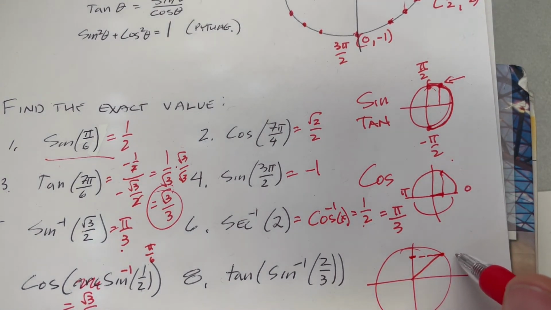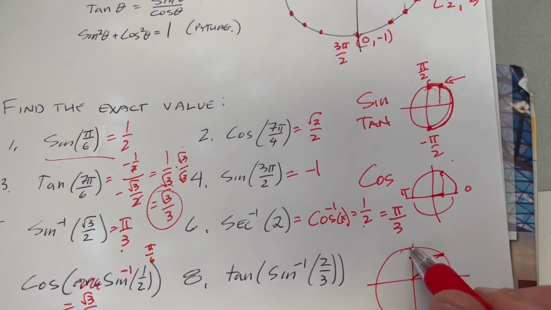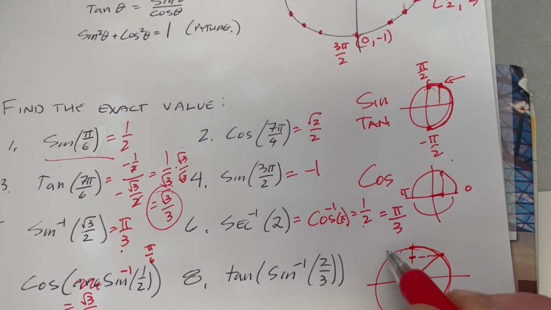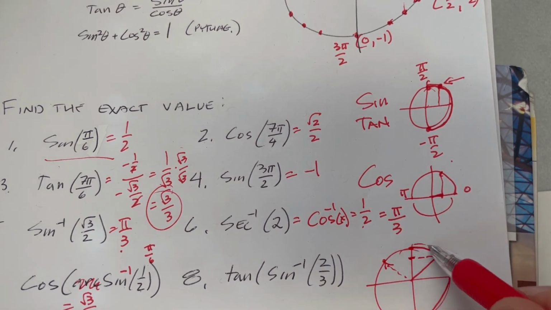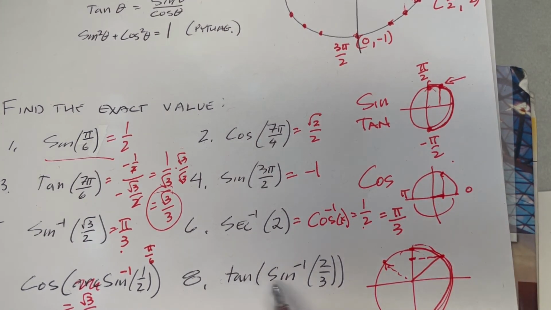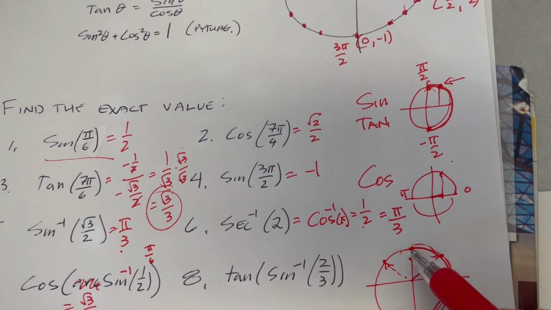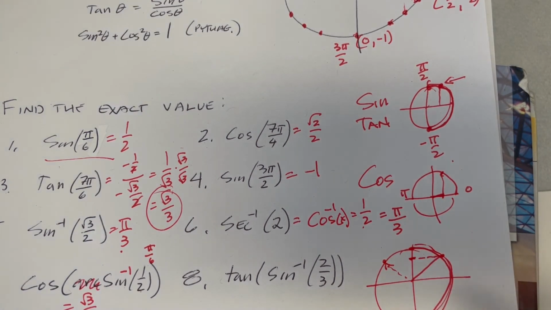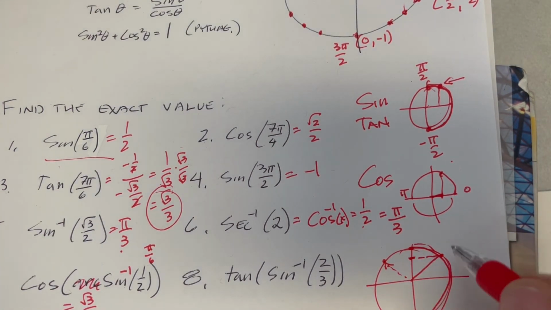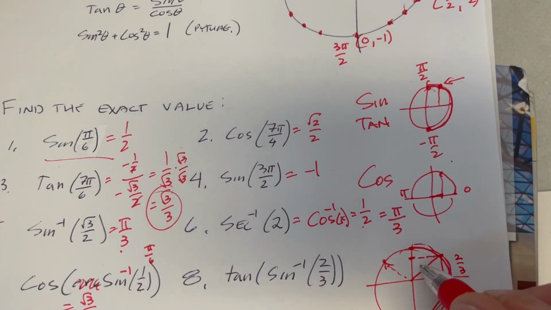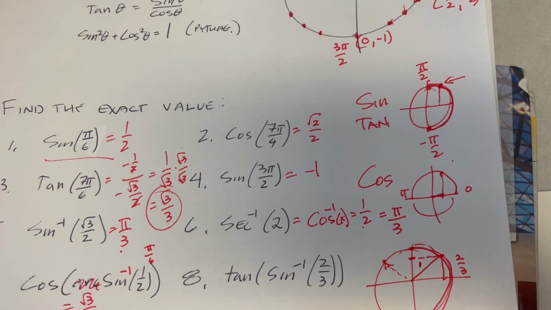And I'm restricting it to only this part of the circle, because we could have another value over here, but that's not allowed, because when we're doing an inverse sine function, we're only looking at the first and the fourth quadrant. All right, well, when is that going to be 2/3? It's when this opposite side is 2/3, in ratio over 1.